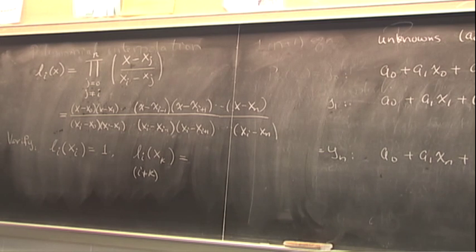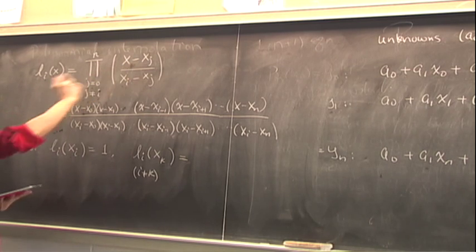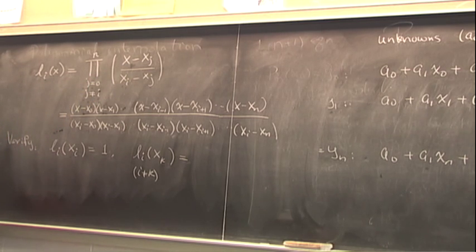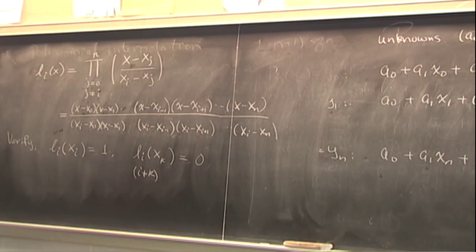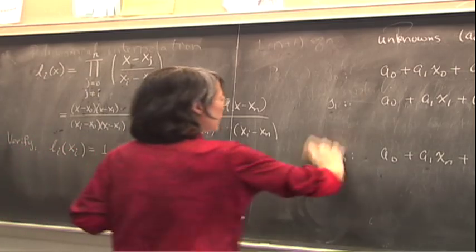For some k, and k does not equal i, and your j runs from 0 to n, and does not go through i, there will be one value of j that exactly matches the k, isn't it? And that term is 0. And then it kills everything, right? If you multiply by 0, you're 0. Is it okay? Is it clear? So 0, okay. Now we have the cardinal functions.